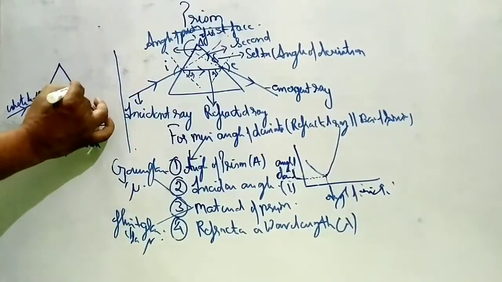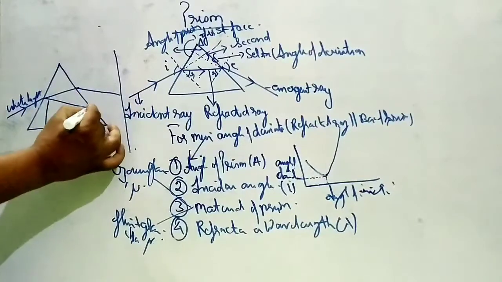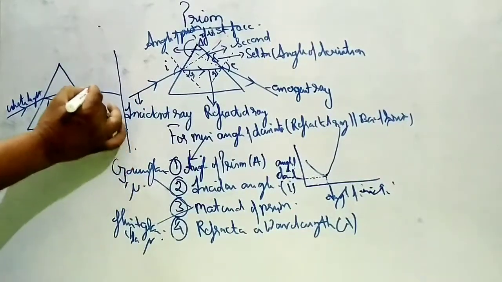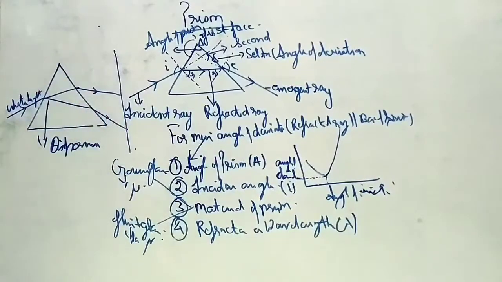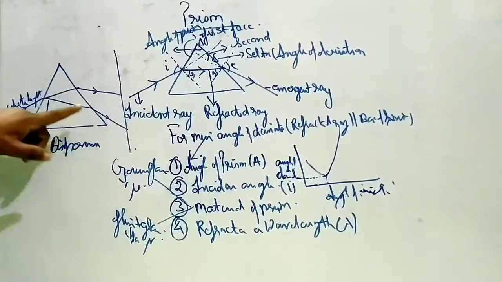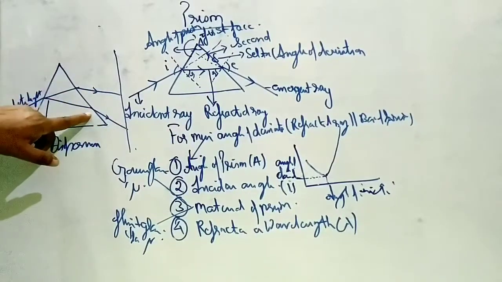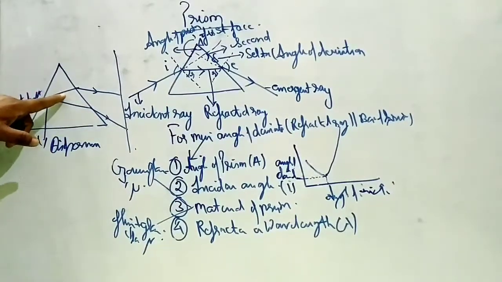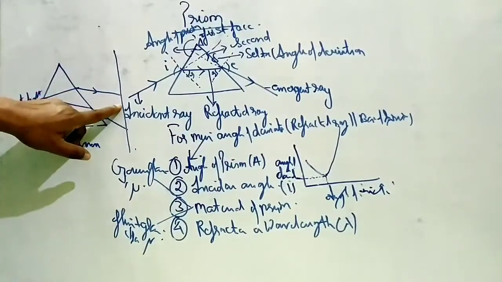Now when it comes from the second face of the prism onto the screen, again it gets refracted. What is the second face doing? All the 7 colors come out from the denser medium to the rarer medium. So the only work of the second face is to convert the light rays from denser medium to rarer medium.